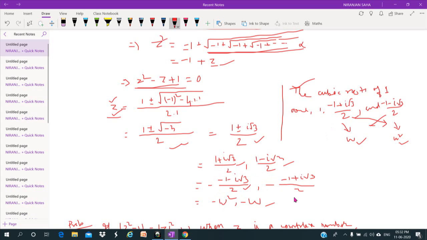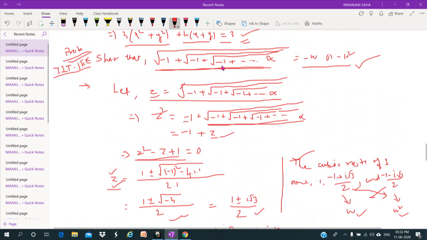We'll find out that these are negative of omega square and negative omega. So we have proved that this expression is equal to either minus omega or minus omega square.